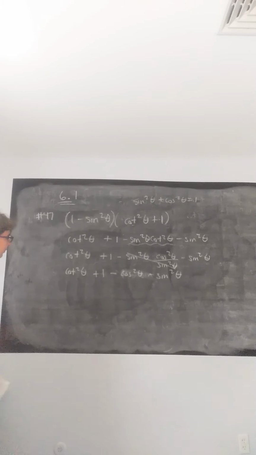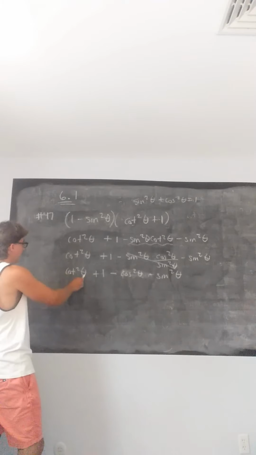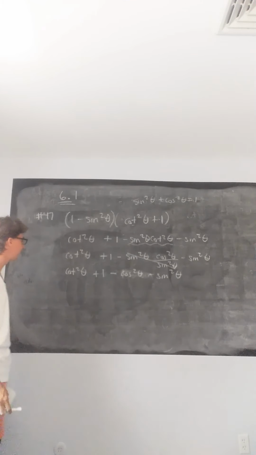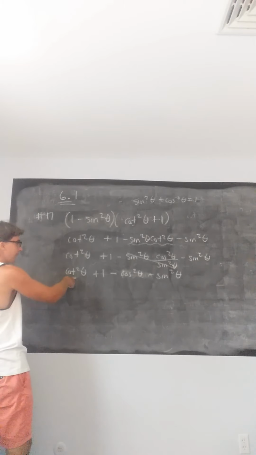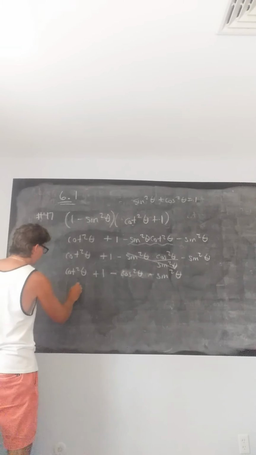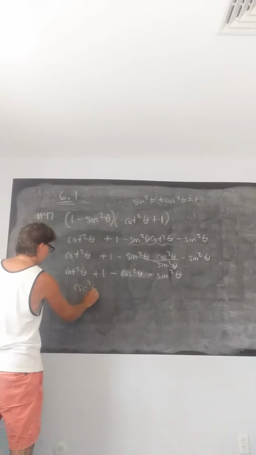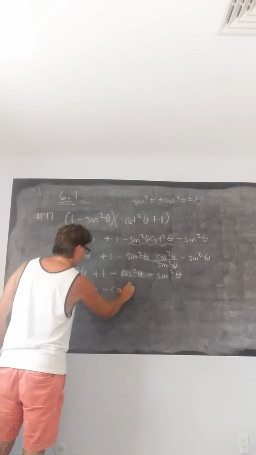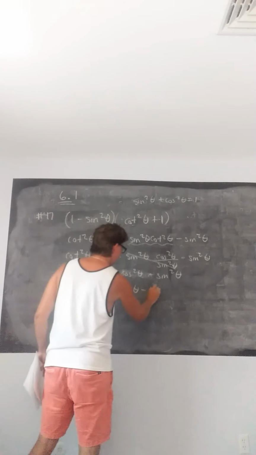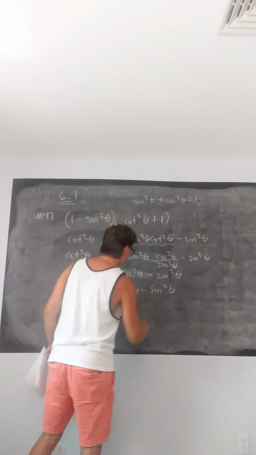Well, let's see, we have a cotangent squared theta plus 1. We have a minus cosine squared theta minus sine squared theta. The cotangent squared theta plus 1, we could write as cosecant squared theta, minus cosine squared theta minus sine squared theta.